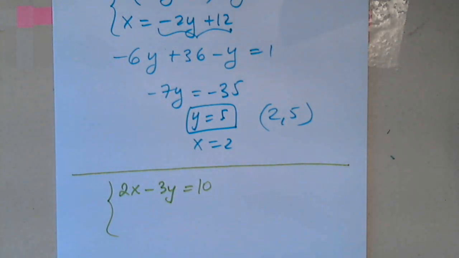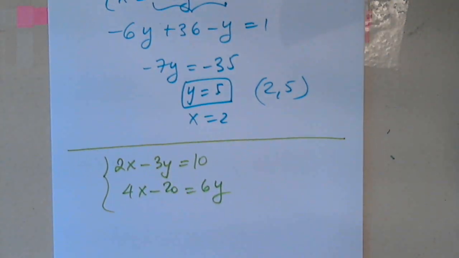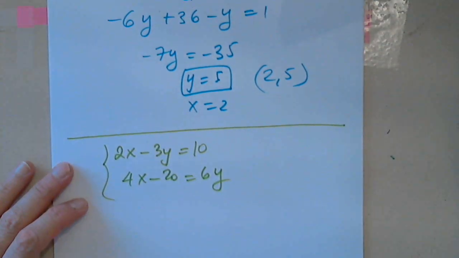And let's say, okay, so 4x minus 20 equals 6y. I just made it up and I had to make a little calculation so it works.